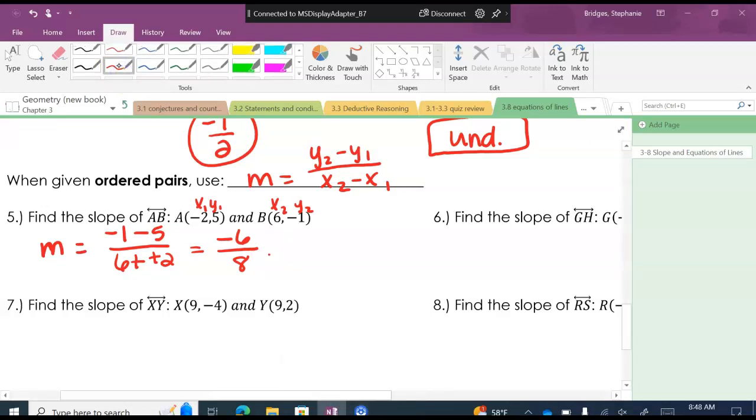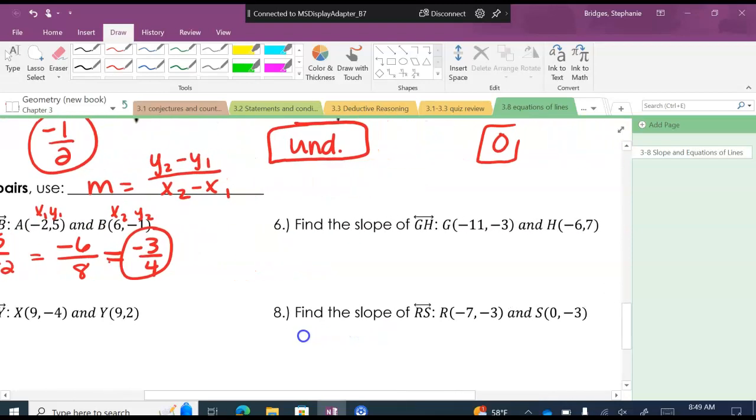If I divide both of them by 2, it's going to become a negative what? -3/4. So my slope is going to be -3/4. Is everybody okay with that?